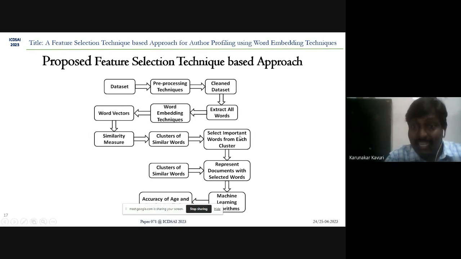After that, select the important words from each cluster. Now the total number of words is, for example, 2 lakhs. From each cluster, I will take only the important words. That's why the total number of words is automatically reduced. Only those words are used for the experiment. This is called dimensionality reduction.